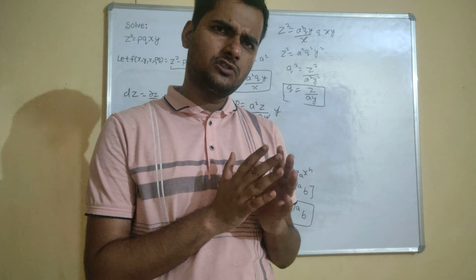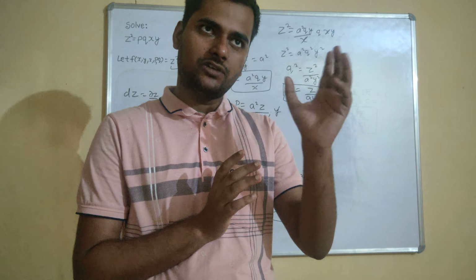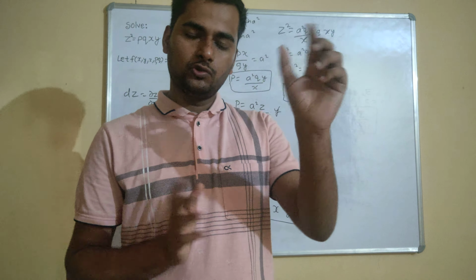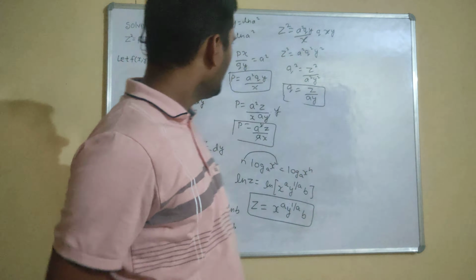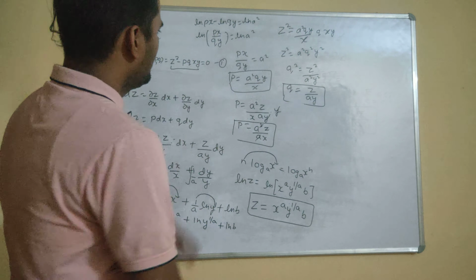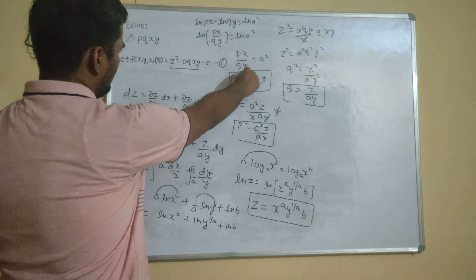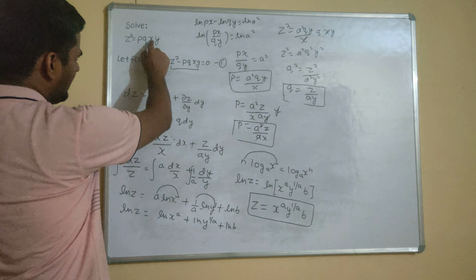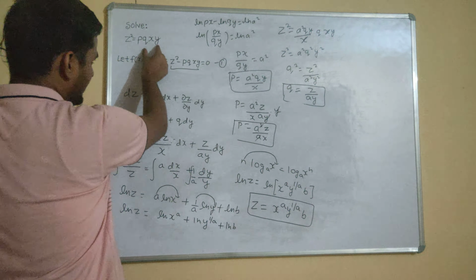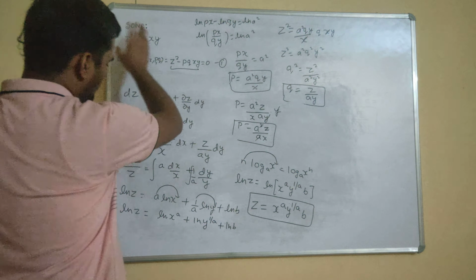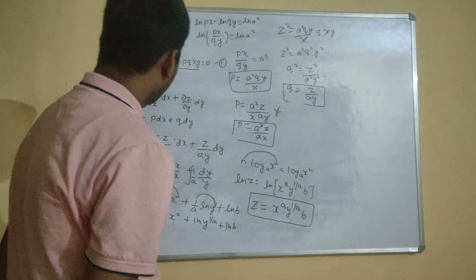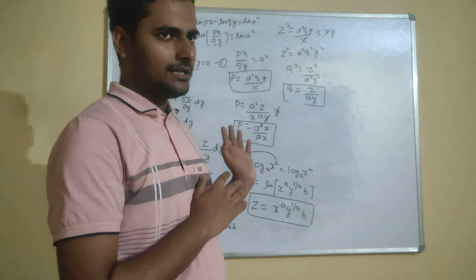In the previous question we got exactly that equation, p square plus q square. Sometimes, like in this case, not exactly px by qy is there, so you just put that in the equation.